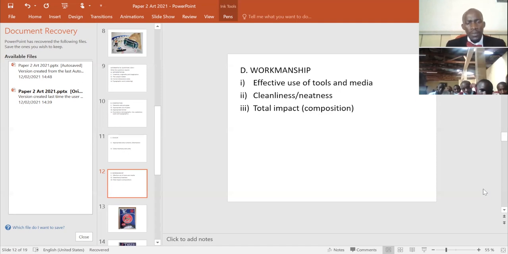So those are some of the areas that you need to pay attention to. The way you use the media and the tools and the way you interpret the question is what we refer to as the total impact in a composition. Have you been able to capture the composition as it is supposed to be? Or have you diverted into creating something else?